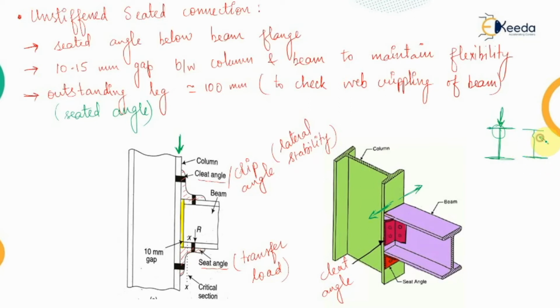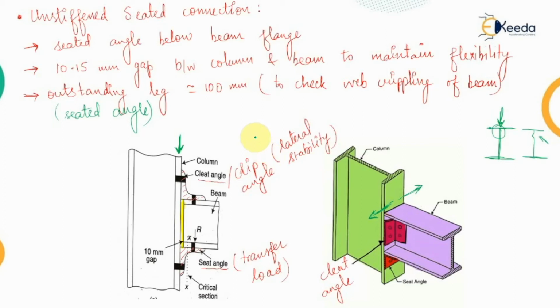So it will be crippled at some position, and that's why this type of phenomenon is known as the web crippling of the beam or the local buckling of the beam. So to check that or to avoid that, the outstanding leg of the seated angle is kept equal to 100 mm.